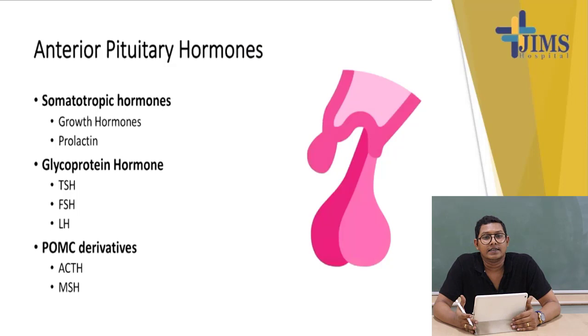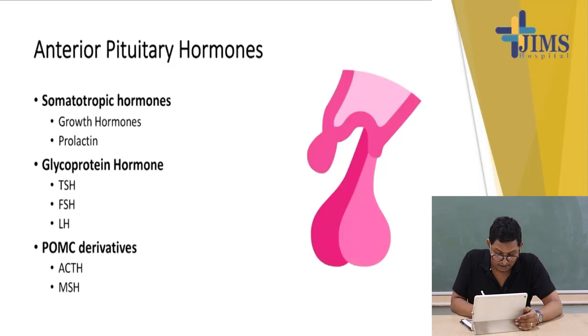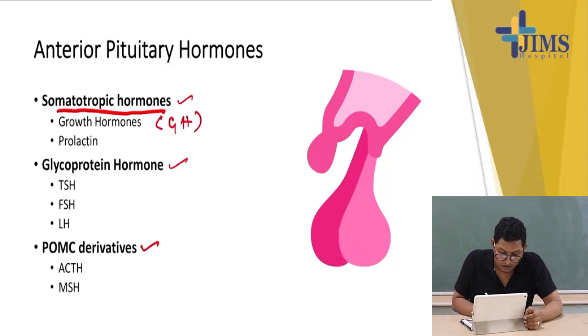The hormones secreted by the anterior pituitary are structurally classified into somatotropic hormones, glycoprotein hormones and POMC derivatives. POMC is pro-opiomelanocortin. Somatotropic hormones are growth hormone and prolactin.